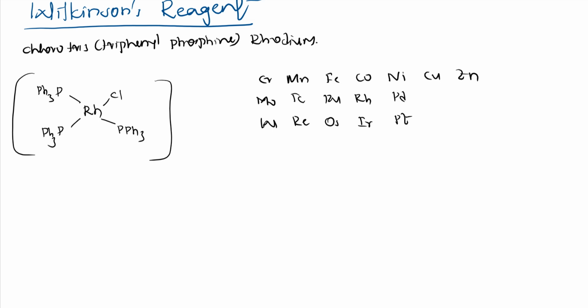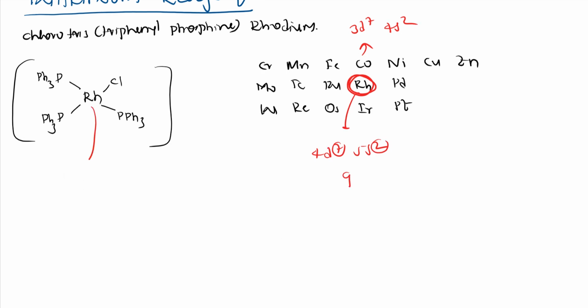So rhodium comes in the cobalt family. Cobalt has 3d7 4s2, so rhodium has 4d7 5s2. The valency is 7 plus 2, which is 9. So rhodium valency is 9.